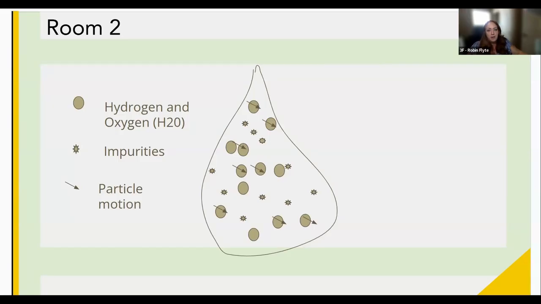And the other gentleman with us said there might be impurities in the water, things that were not water in there, like in our drinking water. She also said her students probably would know something about particles moving. So we tried to represent each one of those ideas as something different to show in the molecule.